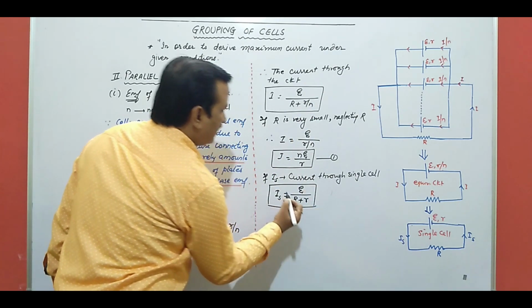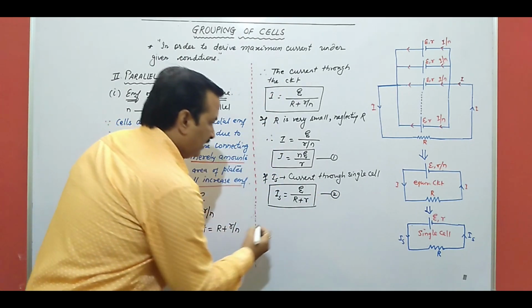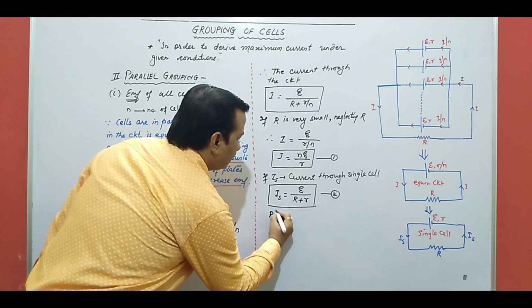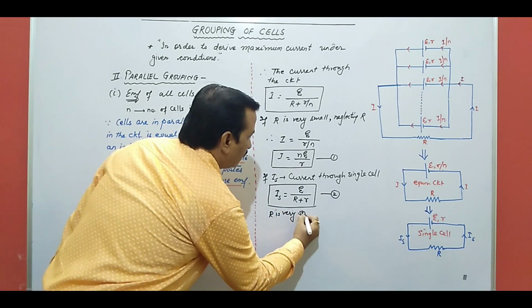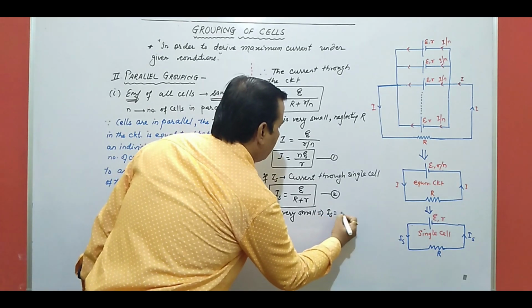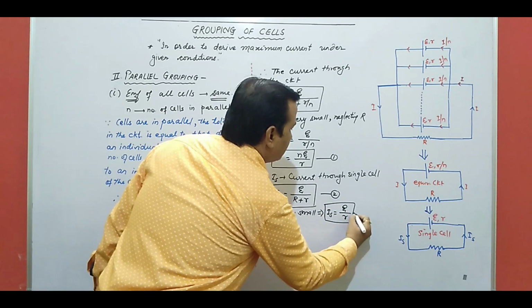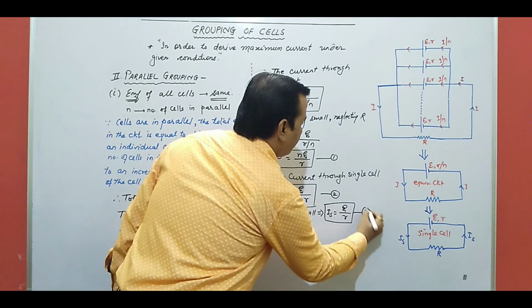This is for single cell, so IS, say equation 2. If we take R is very small, then this IS will be E upon R. This is your equation, say 3.